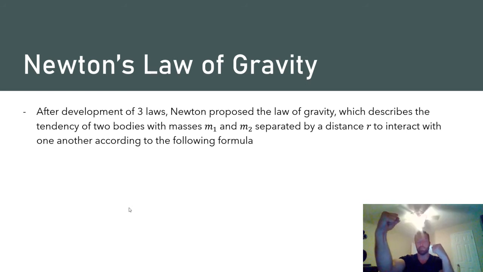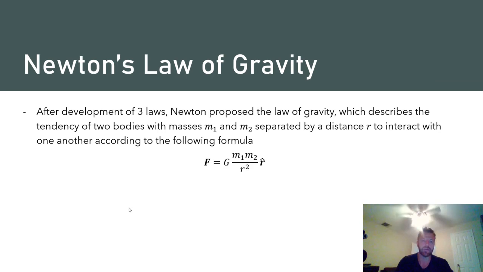Particularly, they're going to tend to exert attractive forces on one another. And the nature of that attraction is given by what's known as an inverse square law. So what F is, and F is boldface because it is a vector, will describe the tendency of objects defined by mass m1 and mass m2 to interact with one another, particularly if they're separated by some distance r.